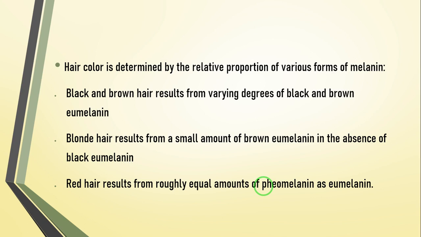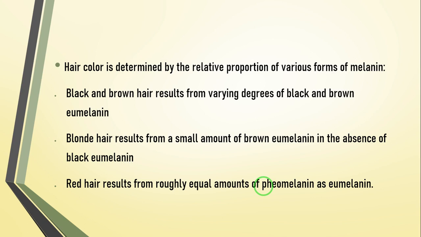Generally, black and brown hair result from the black and the brown eumelanin. While people with blonde hair usually have no black eumelanin and a small amount of the brown. Blonde hair has a little amount of the brown eumelanin and no black eumelanin.